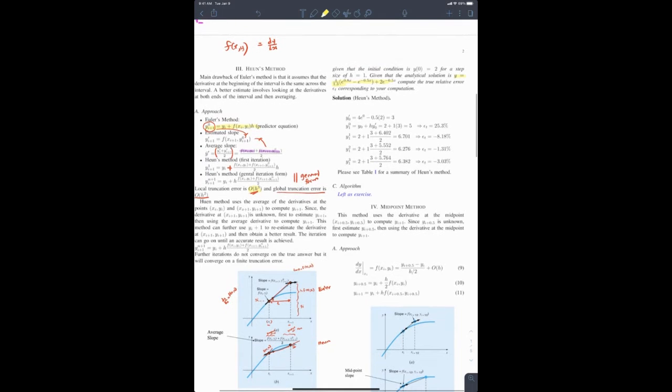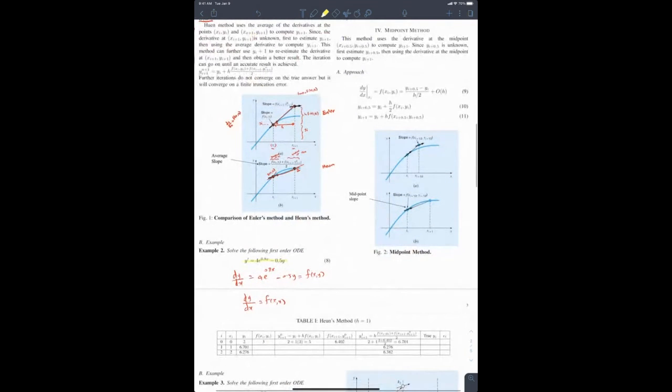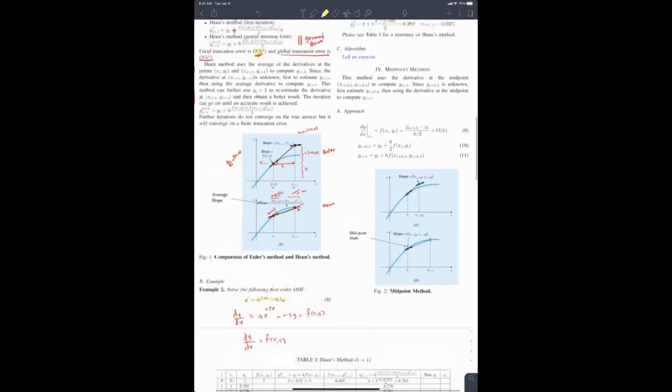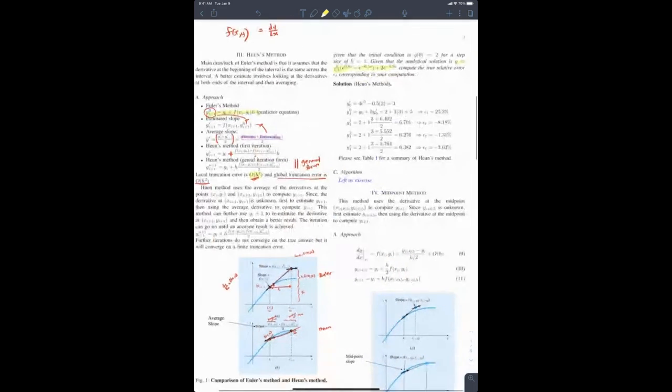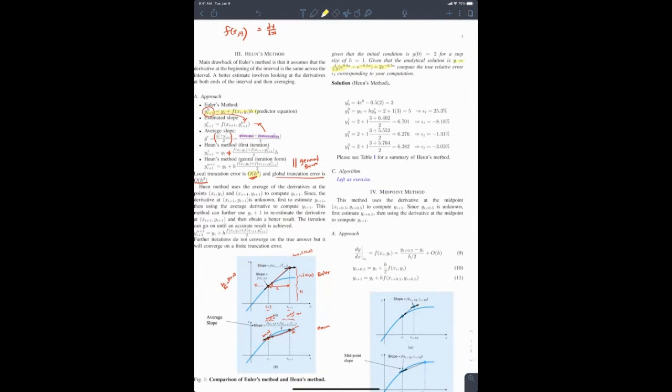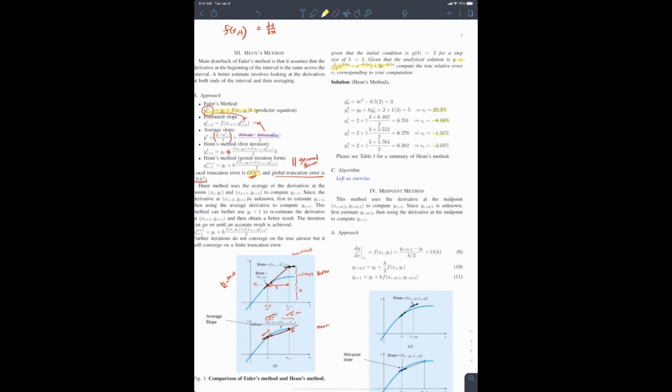Okay, so here you can see where we computed the first one. Let's go to table 1. It is an iteration, so we can go on and on using this equation to revise, and that is being done here.